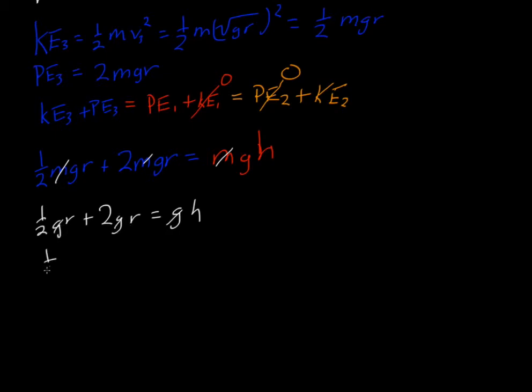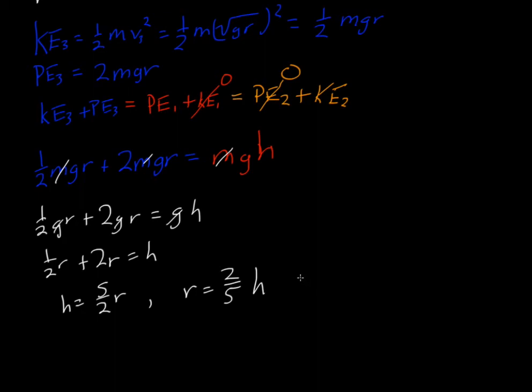So 1/2 r plus 2r equals h. So therefore, we can simply solve this and say that h is equal to 5/2 r. Or another way of saying this is r is equal to 2/5 h.